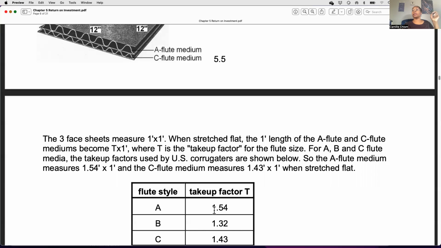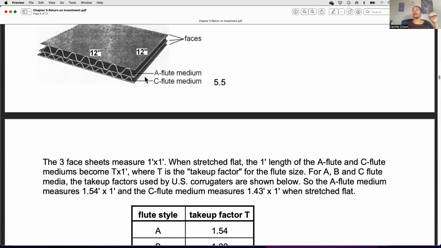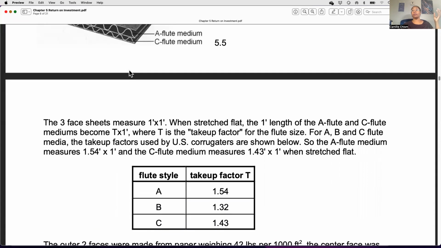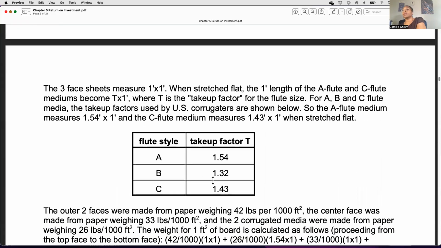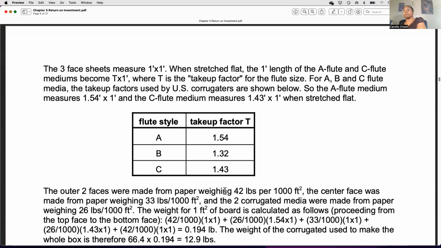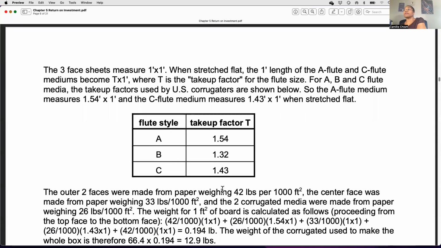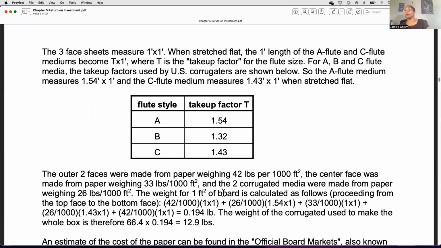Because what that basically means is if you flatten out that 1 foot of corrugated layer, you're going to end up with about 1.54 feet of material. So it's going to increase by a little bit over 50%. This is going to increase by about 30%, and 32%. This is increased by 43%, depending on the size of the flute. So that's how you can measure that.